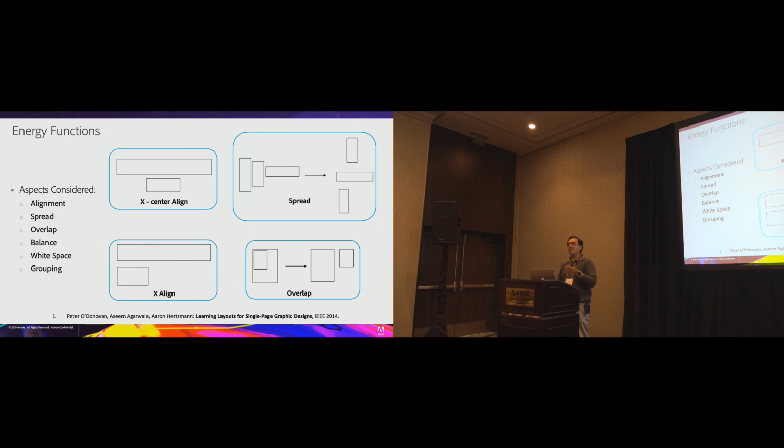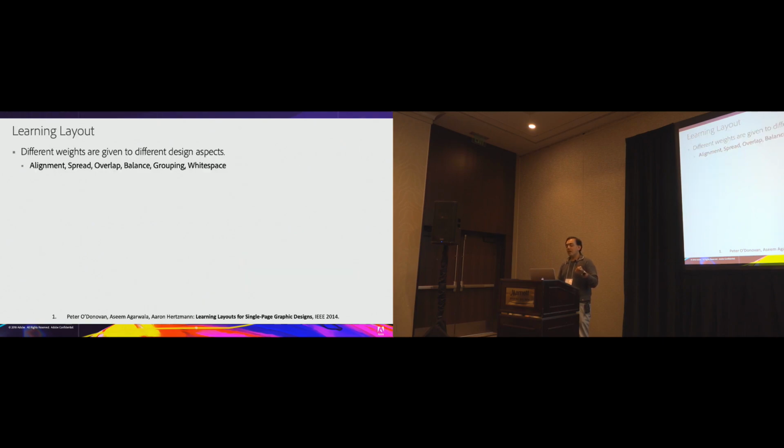So once you have defined these desirable characteristics that we want to evaluate on the banners, then we need to figure out what is a good combination of these energies that can give us a good score of how good a particular layout is. For that, we learn the layout energy functions.